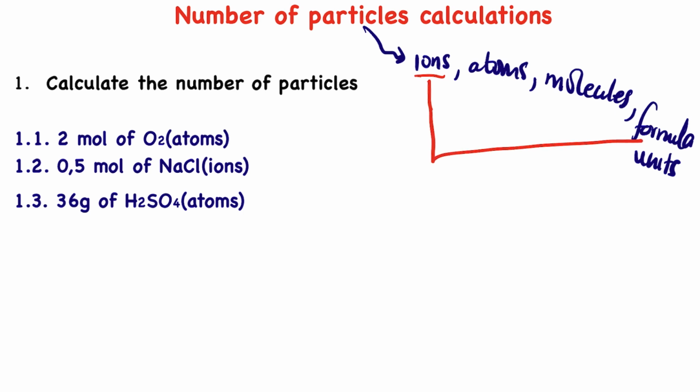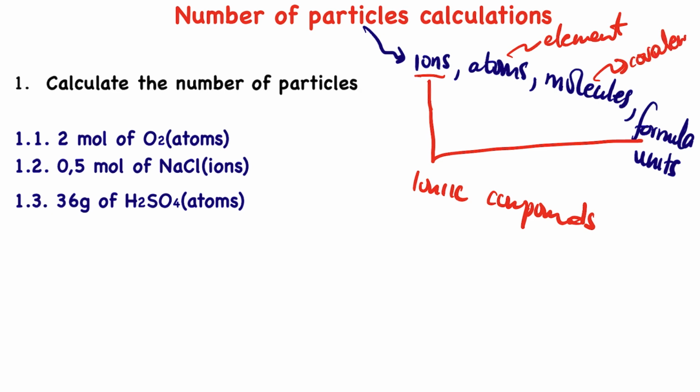These two, they come from an ionic compound. Ionic compound, guys, you know what it is? And these two, they come from an element. Okay, the atoms, they come from an element, and then the molecules, they come from a compound, which is the covalent compound, right? Covalent compound.